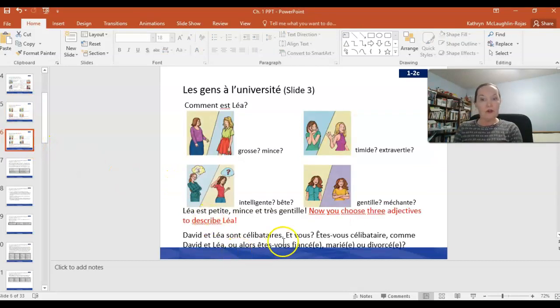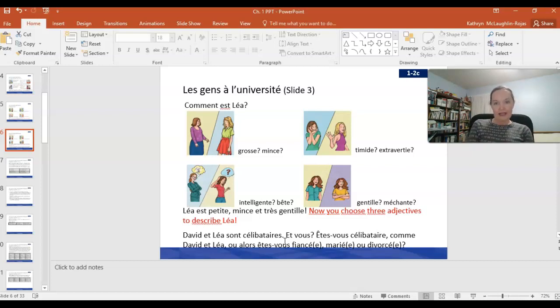All right, so I can choose any of these adjectives to describe Léa, right? Léa est petite, mince, et gentille. Okay, so I can choose any of those 3 adjectives and describe her in other ways. So Léa est timide, intelligente et gentille.